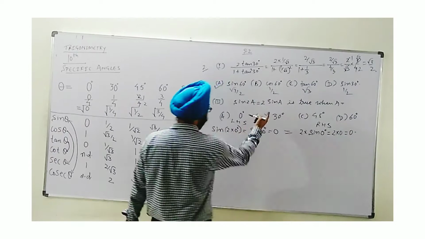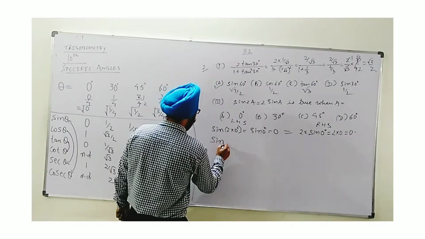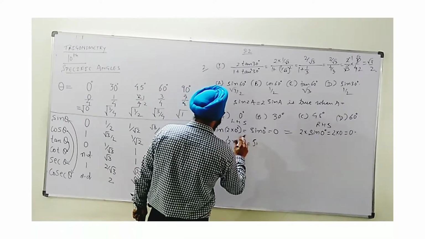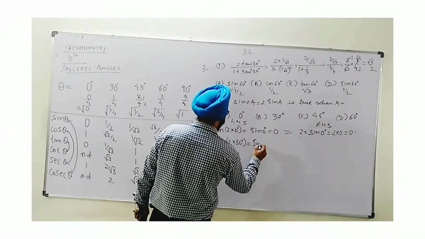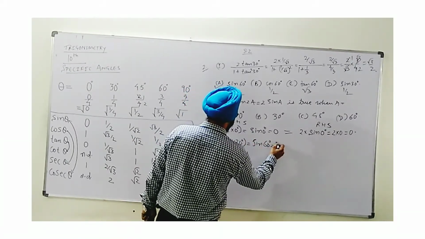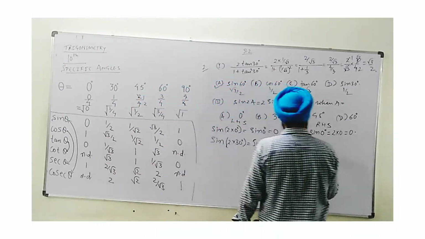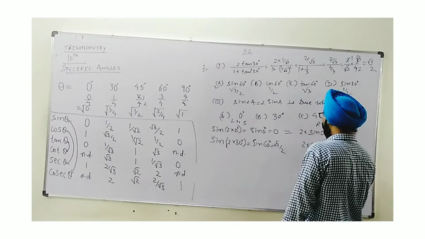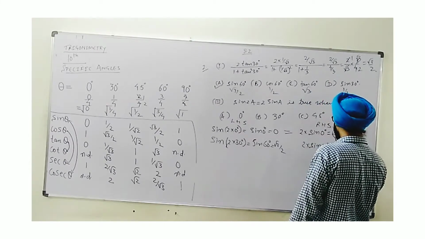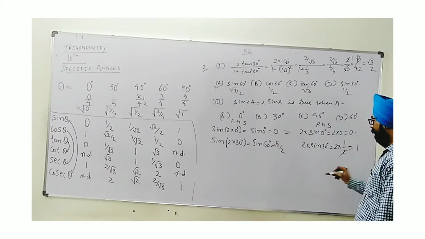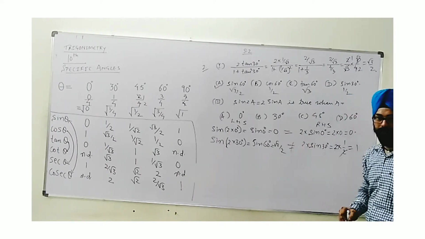Like 30 LHS, if I take, so this will be sine 2 into 30 degree, which is sine 60 degree, and sine 60 is root 3 by 2. We simplify RHS also. 2 into sine 30 degree, it gives you 2 into sine 30 is 1 by 2. Cancelling, we get 1. These two are not equal.